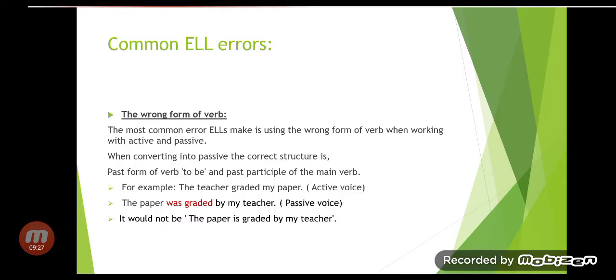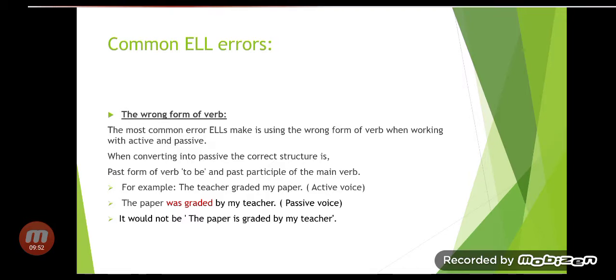When converting into passive voice, the correct structure is the appropriate form of the verb to be and the past participle of the main verb, right? For example, the teacher graded my paper. This is the active voice. So the passive voice of this sentence would be the paper was graded by my teacher. We would be using was. Why? Because the above sentence is in the past simple.